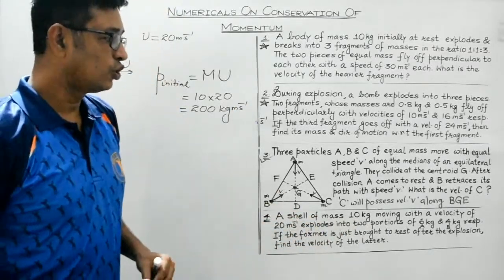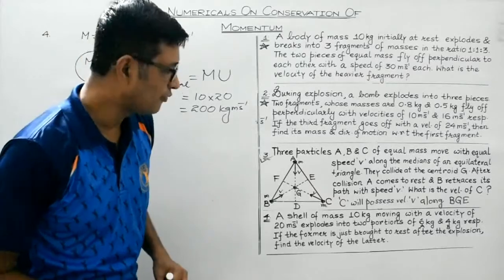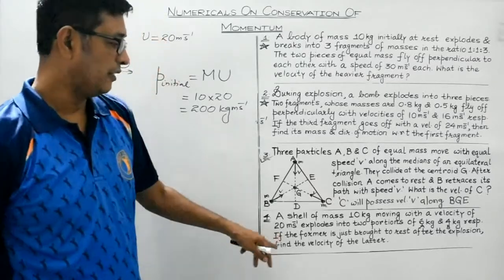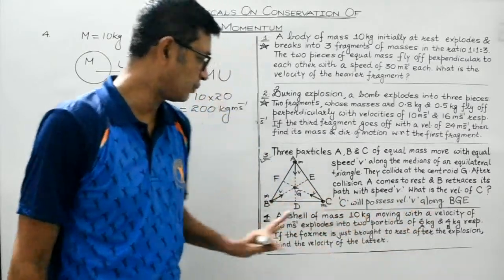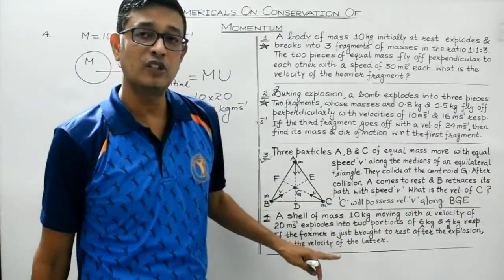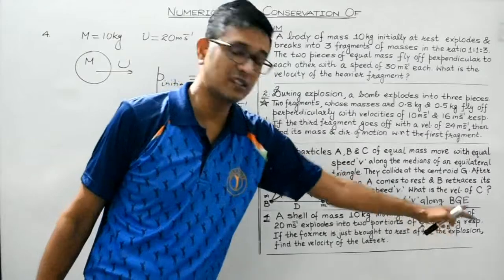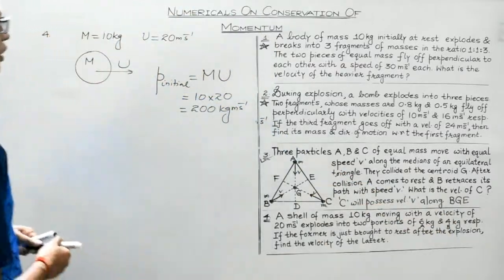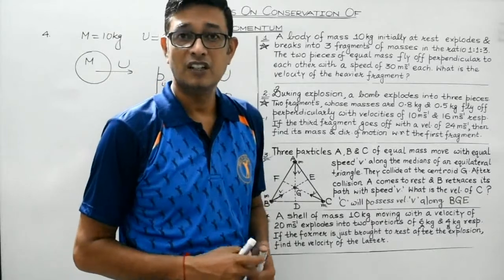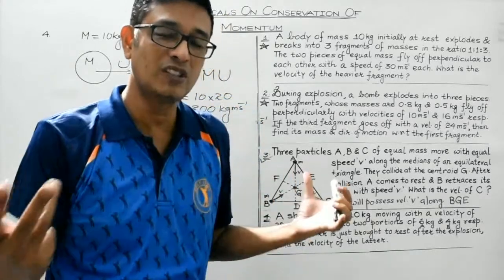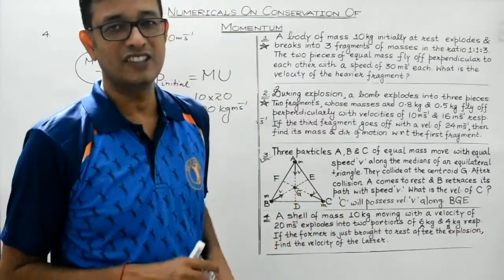Now it explodes into two portions of 6 kg and 4 kg respectively. If the former, that is the 6 kg portion, is brought to rest after the explosion, we are supposed to find out the velocity of the latter portion, that is 4 kg mass. So here again, it's the case of explosion. Students always remember, a shell or a bomb explodes due to the internal forces.